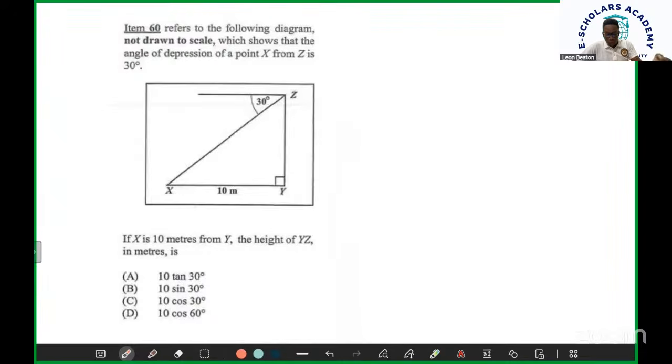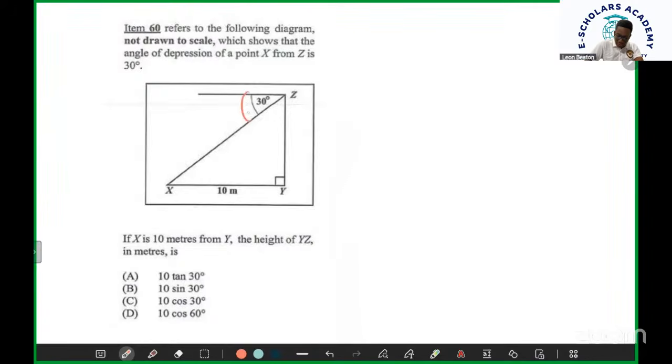So item 6 refers to the following diagram not drawn to scale, which shows the angle of depression of a point X from Z is 30 degrees. If X is 10 meters from Y, the height of YZ in meters is, YZ is here. So let me see. We're dealing with angles of elevation and depression.